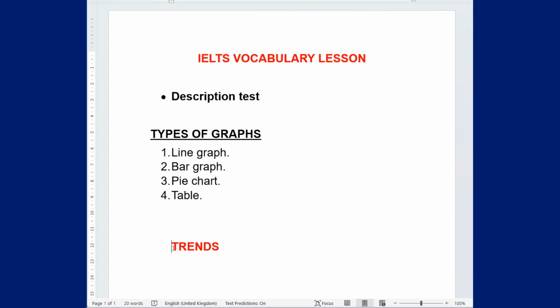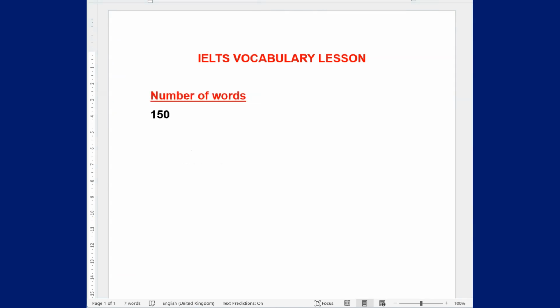So when it comes to the Academic Writing Task 1, you must write a minimum of 150 words, and you should spend about 20 minutes on that. Take note of that. So you have to write at least 150 words, and this number of words is not an objective.